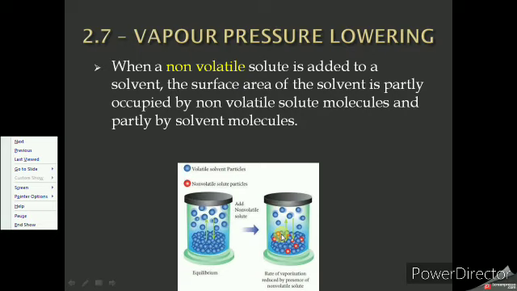The solute particles are non-volatile, so they cannot be vaporized; only solvent particles can vaporize. So the rate of vaporization decreases on that particular surface area, and due to this there is a lowering of vapor pressure.